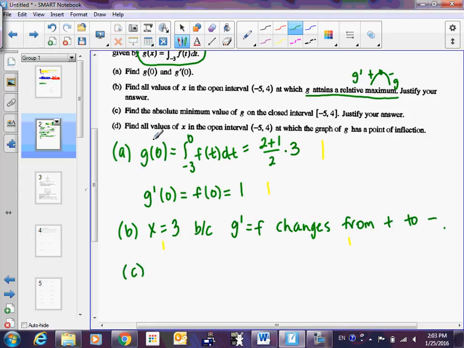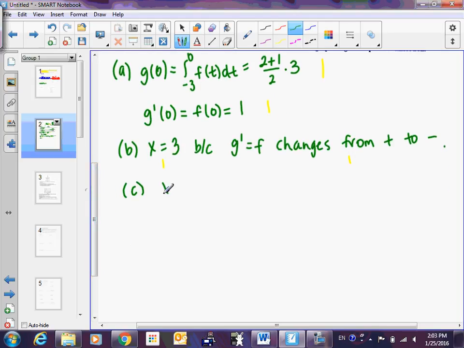Part C says find the absolute minimum, and we've got to justify our answer. Anytime you see absolute, you've got to think, I need a candidacy chart. I need a T chart. And on this T chart, I need some x values.